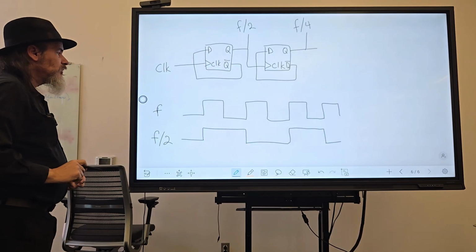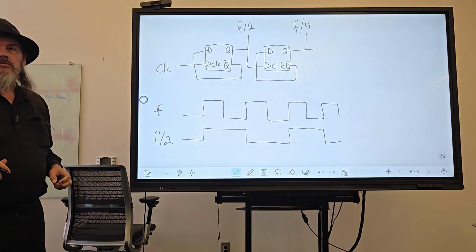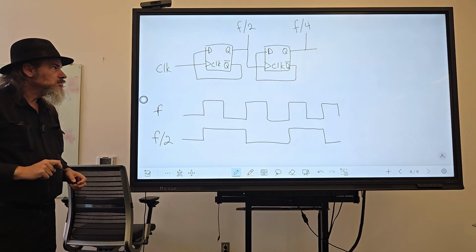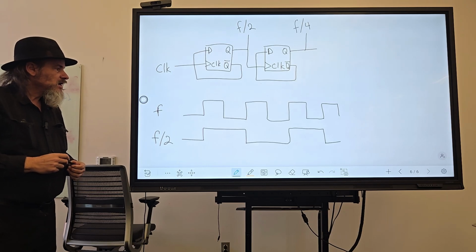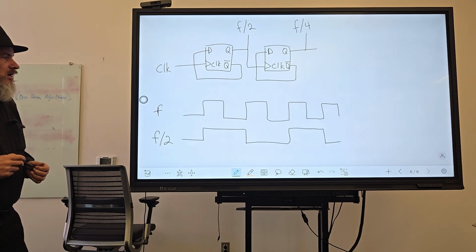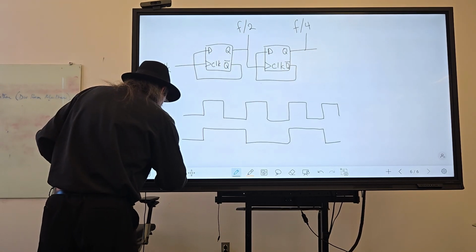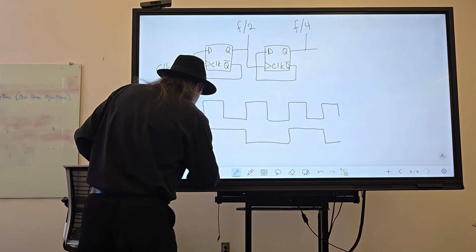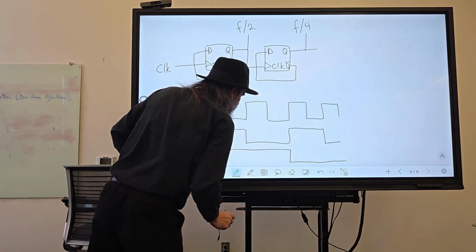Your frequency is going to be half that of the original frequency. And F over 4 is going to be like so.